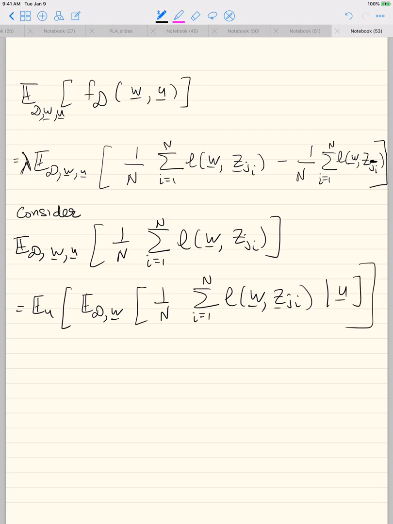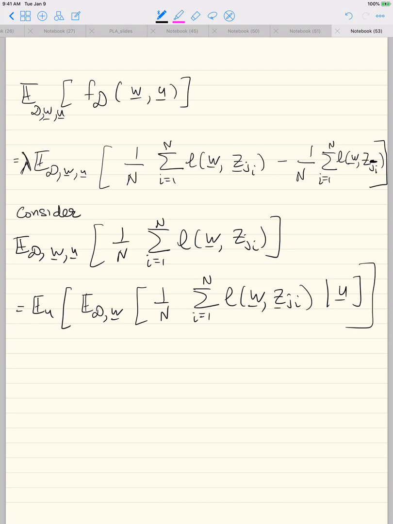I can do successive expectation. First I condition over u and compute the expected value with respect to d and w, and then I average out over u. But note that if I condition on u, I actually know what the z_ji's are. The z_ji's are a deterministic function of u.